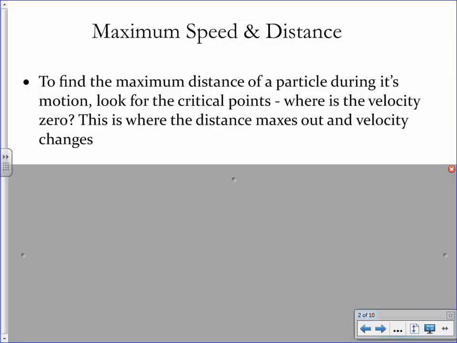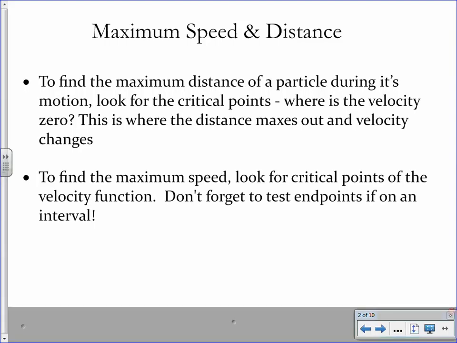If I'm asking for maximum speed, we're going to have to plug it into the velocity equation with the absolute value of it. This is my reminder, if we are on an interval looking for some sort of maximum, the endpoints do matter.